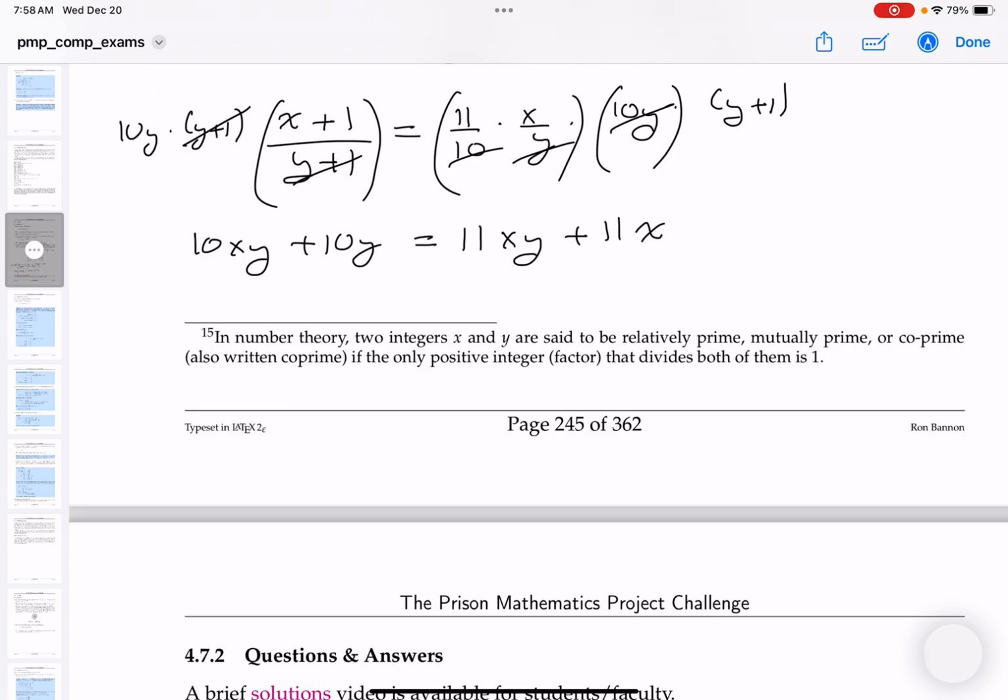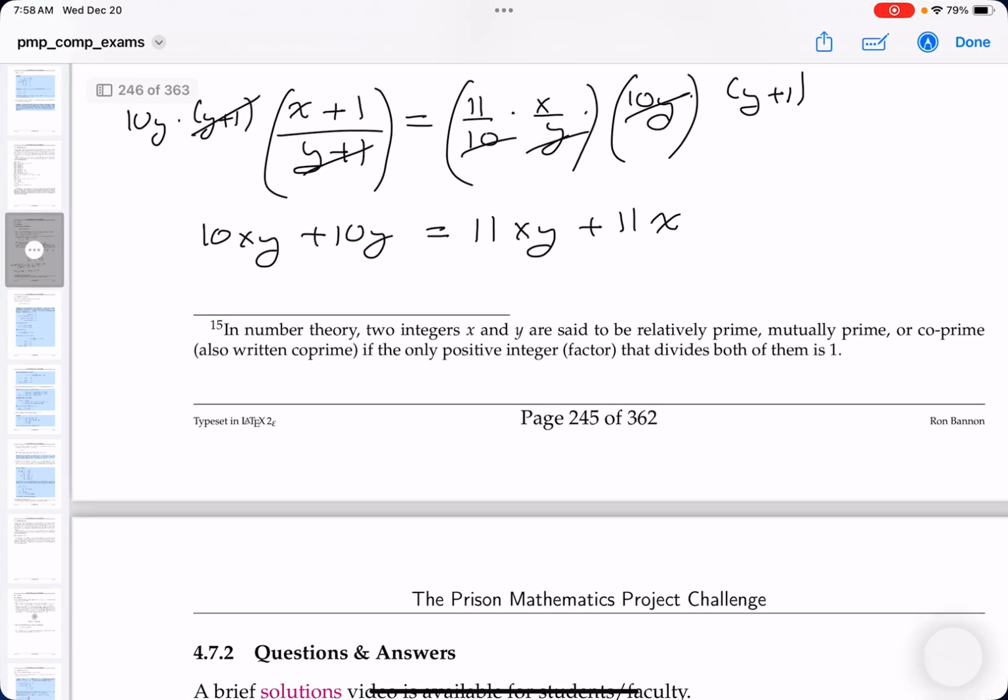I want to take a look at that. I'm looking at that, and I wonder what to do about it. Well, maybe solve for either x or y. Let's take a look at this over here.